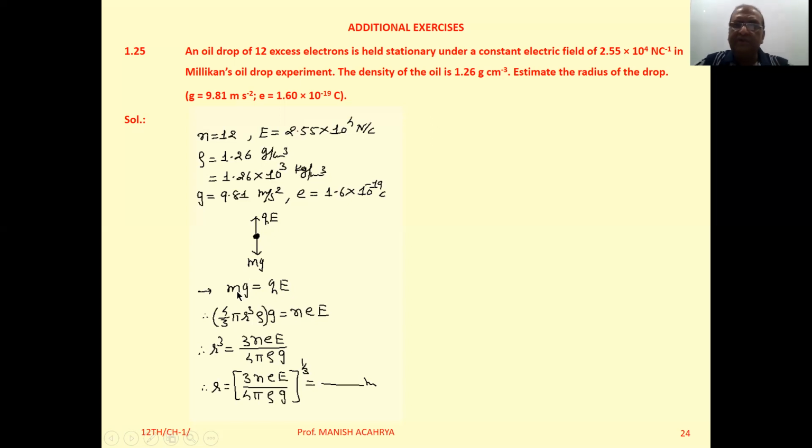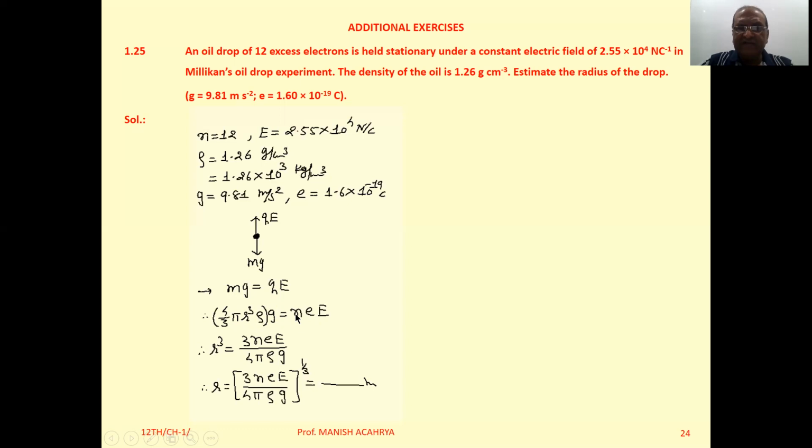Now mass of the drop is volume into density. Volume of the drop is 4/3 πr³, into density, g as it is. Now q, amount of charge on the drop. So n excess electrons are there, and per electron the charge is e.